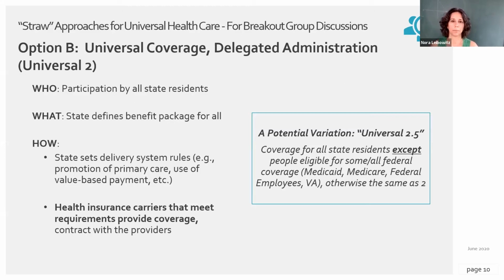Shane. Thanks, Nora. So you might be asking yourself why we have two models that both have the same type of access for individuals. So for someone getting insurance, it looks the same. But the key differences between these models in terms of how the program is administered actually have really significant impacts on the delivery system, potentially on the economy, who, to use one example, might lose their job or not lose their job based off of how it's implemented.